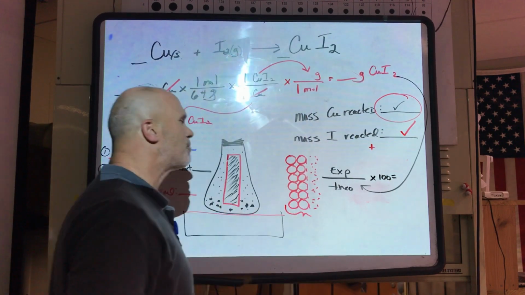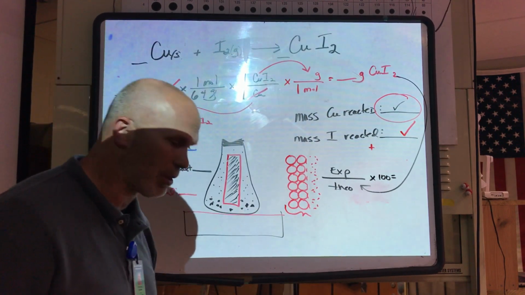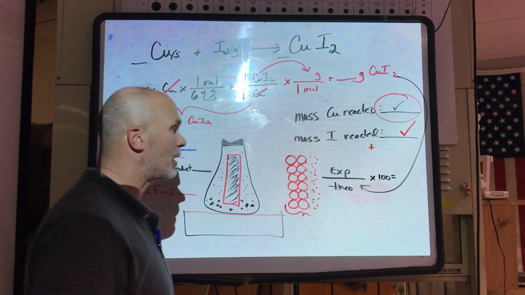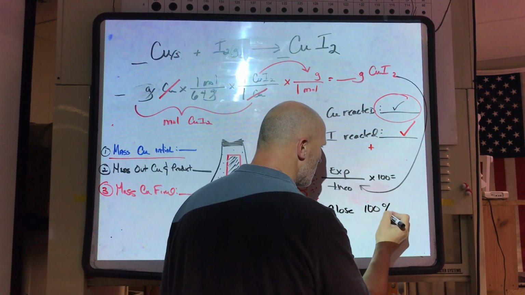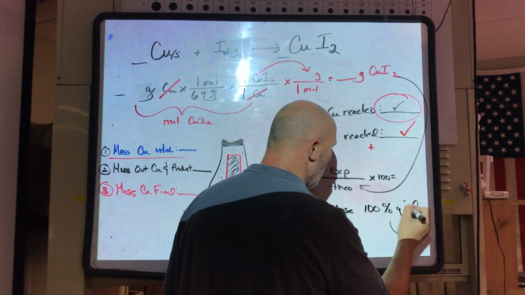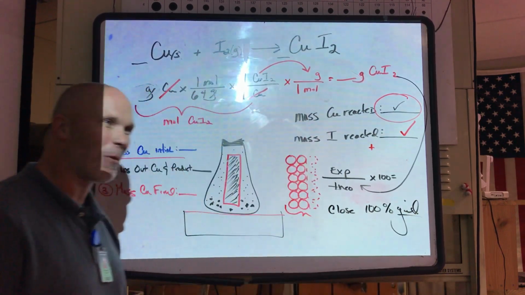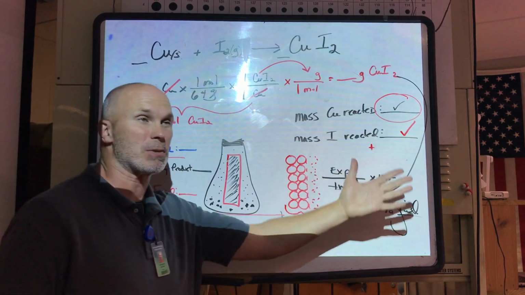Now, if your experimental is very close to your theoretical, you're going to get something close to 100% yield. Okay, and what does that mean? You got low errors. You can have a greater than 100% yield, which is weird.